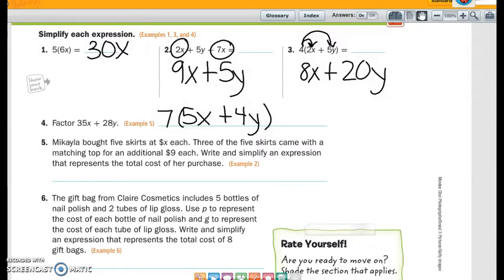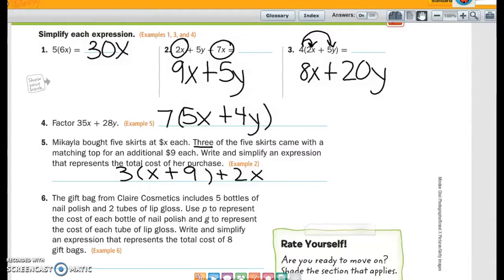So what we're going to do, 3 of the 5 cost an additional 9. So we're going to have 3 on the outside, and then X plus 9 plus 2x. The 2x is at the end because it's the other 2. Because it's 3 of 5, so you have to have the other 2 to get to the 5.